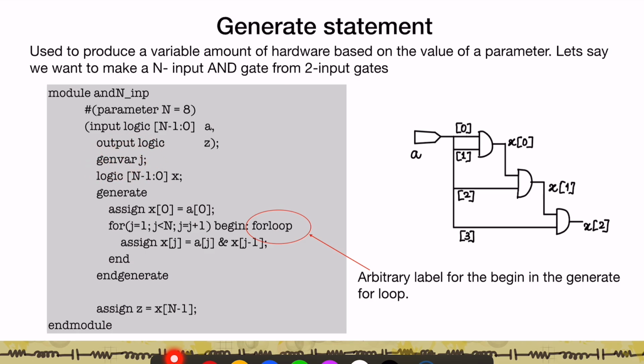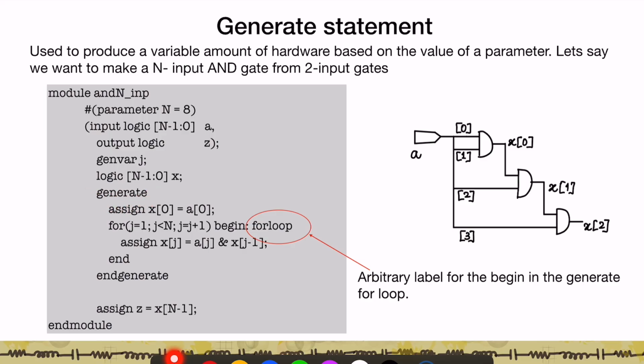This is an internal variable to the module, known as genvar j, and I'm defining an internal array. Every output of the AND I'm pushing into an array, and again this is an internal variable to the module. It's parameterized, so I have logic of n minus 1 to 0 be x, right? So this x holds the intermediate outputs of the various AND gates. Now I use the keyword generate. This is now generating the hardware.